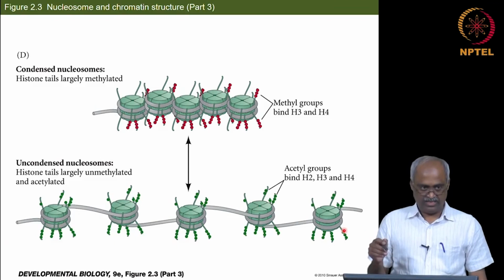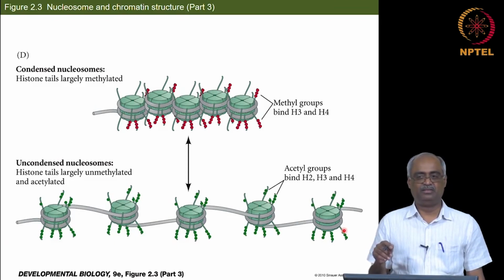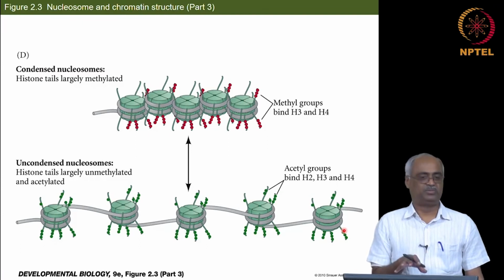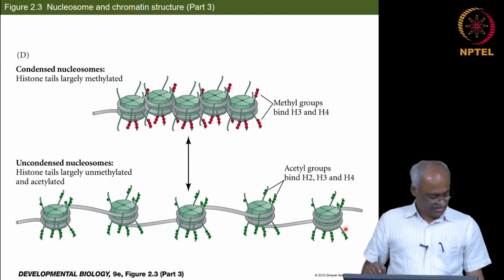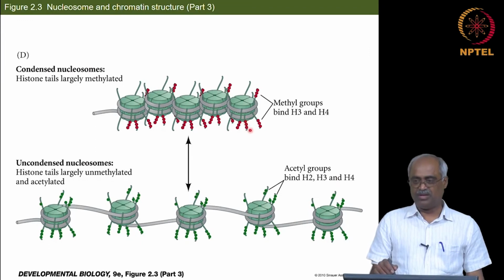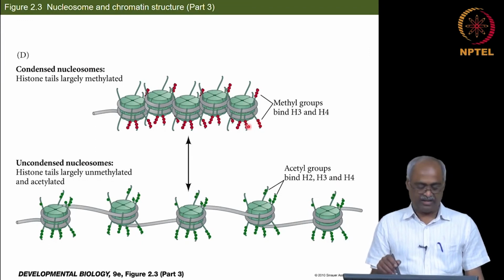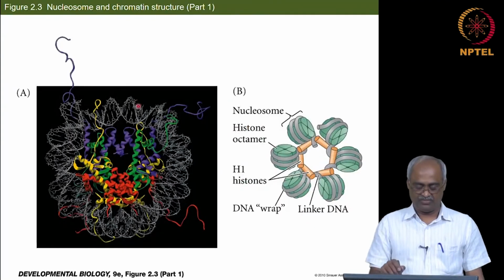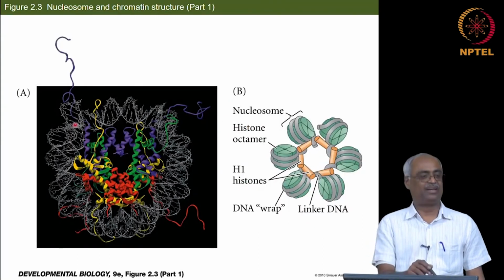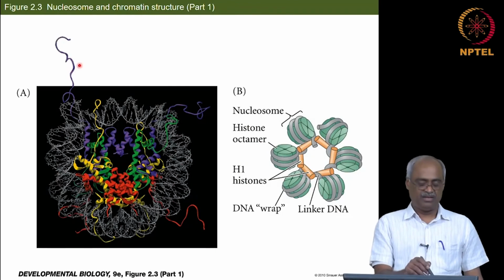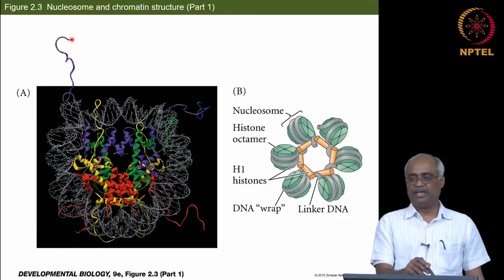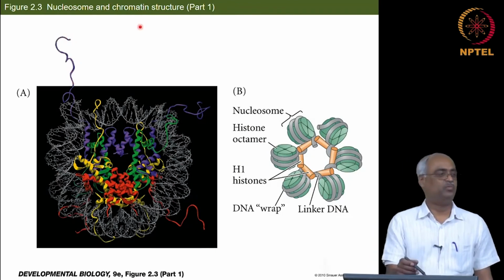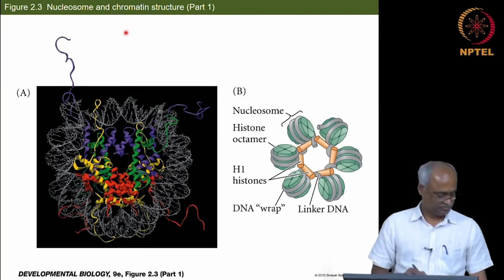Here you are seeing a control of gene expression at the anatomy of the chromosome, and it is largely regulated by modifications to these tails, and that is why I was telling you to pay attention to the tail at the crystal structure level itself. This gives you an idea of how they are readily accessible for enzymes that could add or remove methyl or acetyl groups.